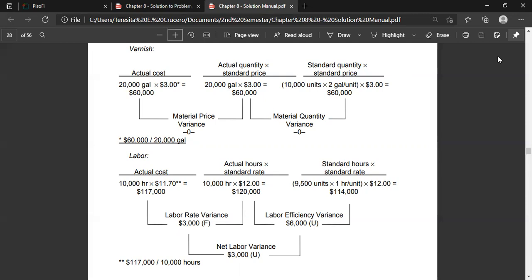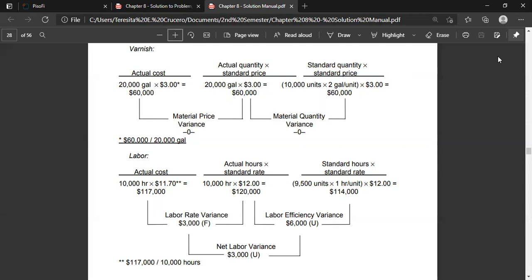In other words, there is no material price variance for varnish, whereas the material quantity variance is still zero because your actual quantity of varnish is 20,000. The standard is also 20,000. So material quantity variance is zero.